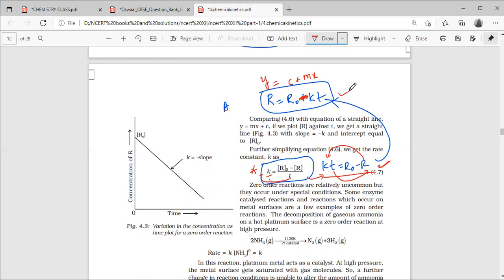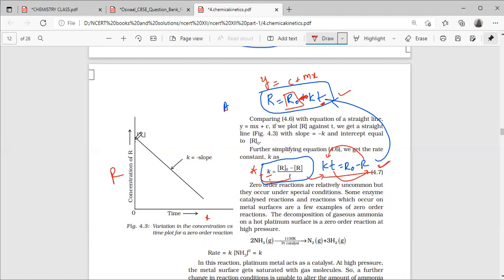Then this is y equal to mx plus c. y I am taking on the y axis, the R concentration, and x means t, which I take on the x axis. Then m is the slope, and this R0 is a constant intercept.